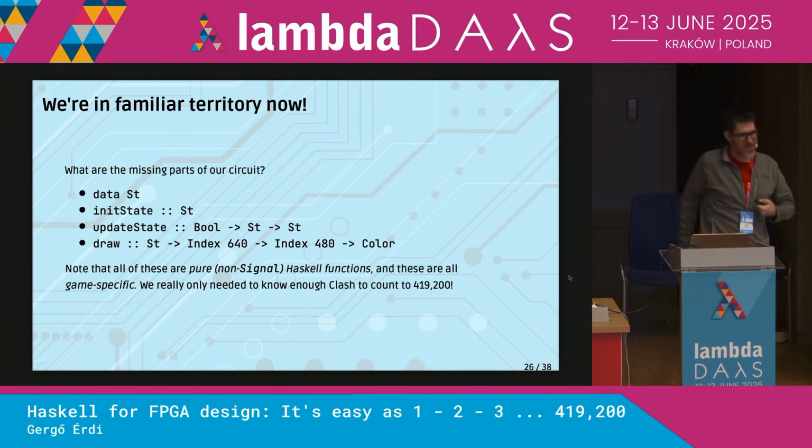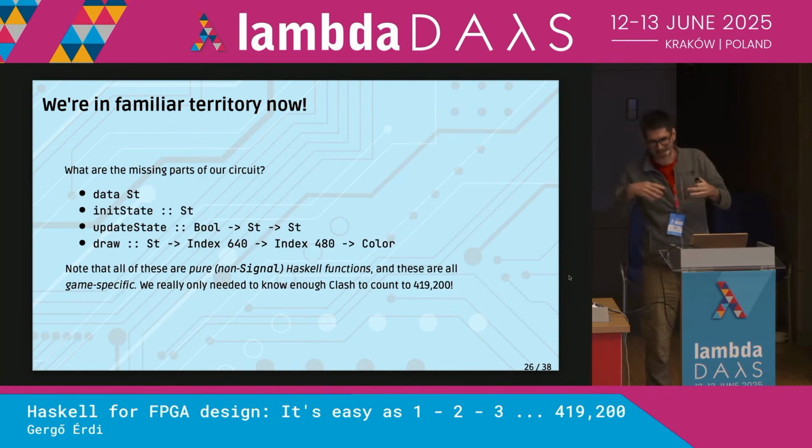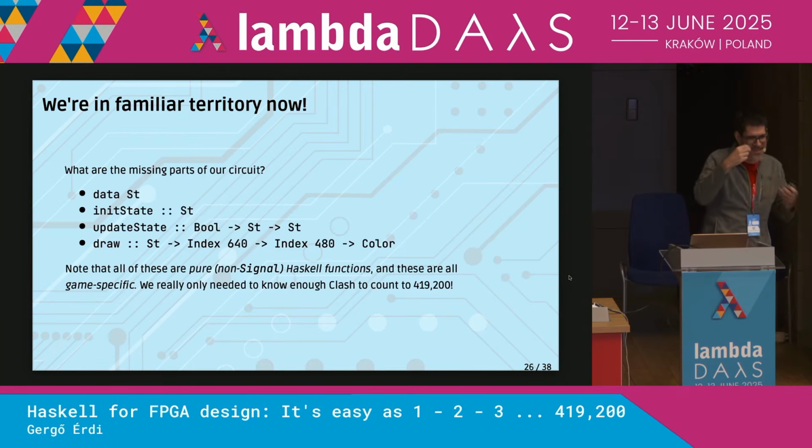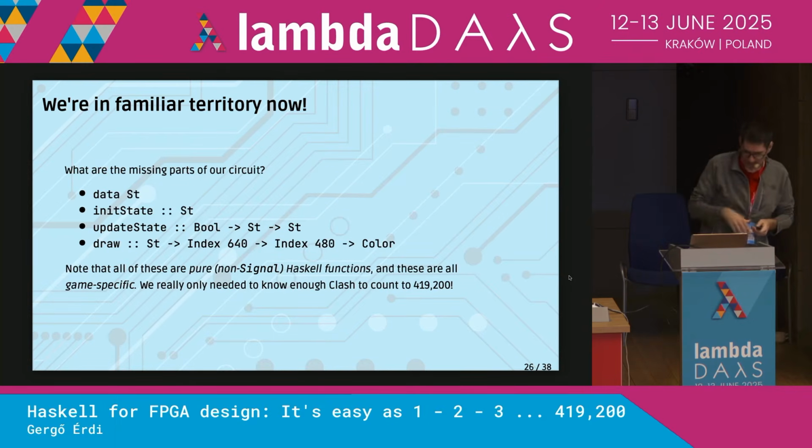But notice one thing, which is that I could end my talk here, because all of these are now pure Haskell. There are no signals anywhere. So we're back to the well-known territory of just writing Haskell code. And that's one of the beauties of Clash, right? We needed to enter the world of signals because it's inherently stateful to count and to keep track of the electron beam and so on.